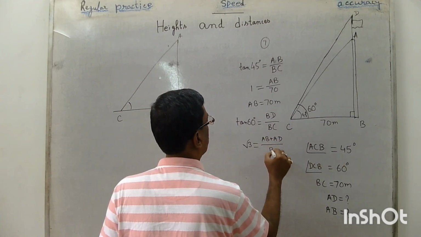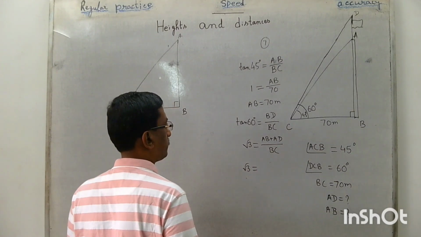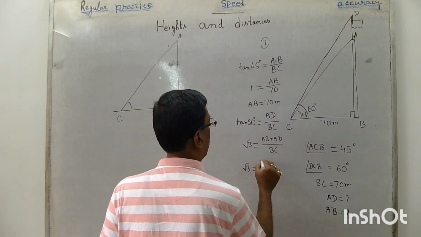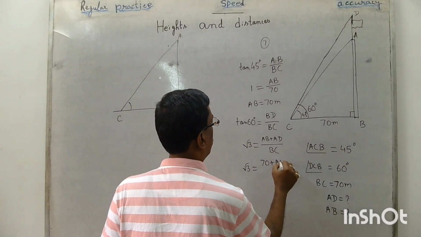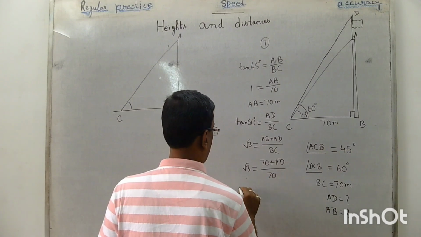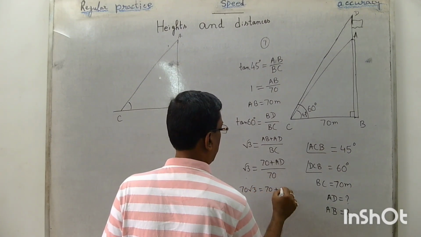So root 3 equals AB, which is 70, plus AD, which we don't know, by BC, which is 70. So 70 root 3 equals 70 plus AD.